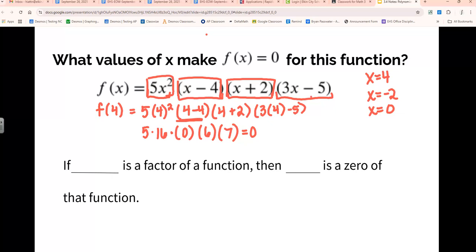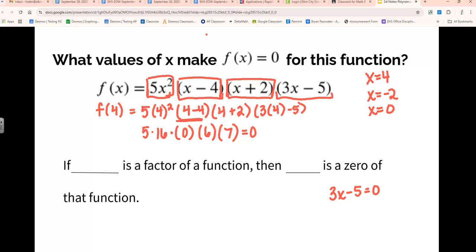This last part is kind of the trickier one because it just doesn't jump out at you quite so quickly. It's not positive 5 because 3 times positive 5 would be 15. Minus 5 would give us 10. That does not equal 0. So if you're having trouble seeing what value it would be, you can take that piece of the function, that factor, 3x minus 5, and set it equal to 0.